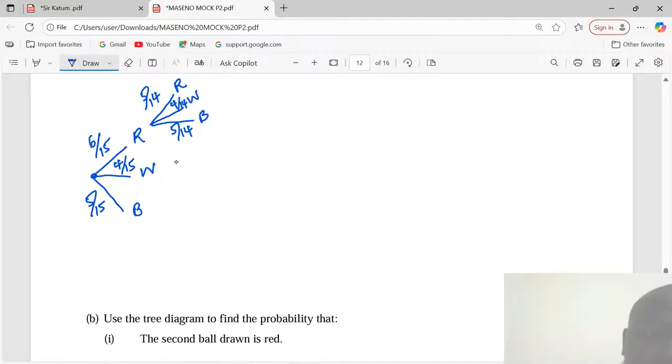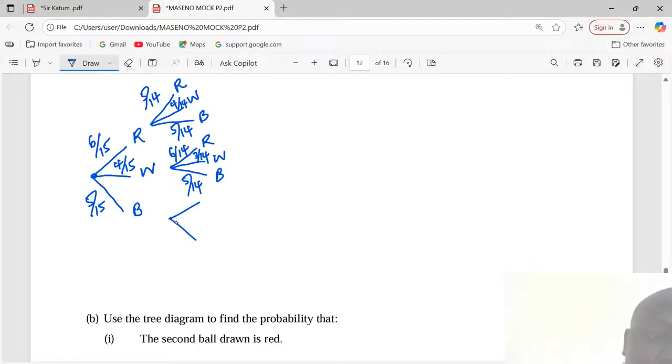We check the next. We can have red, white, blue. Now, if we had picked white, picking white again, if the count previously was 4, it now becomes 3, and the total 14. Then these other ones are still 6 over 14, 5 over 14.